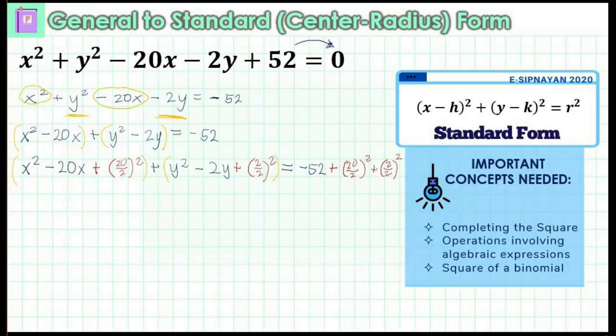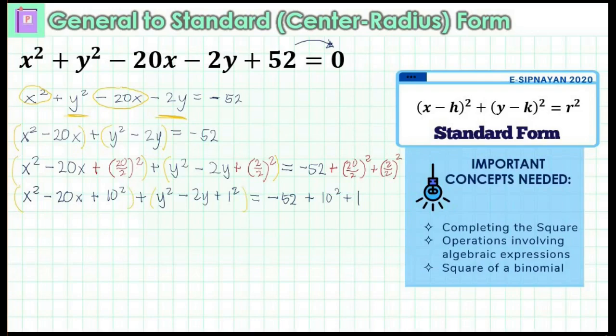Moving on, we now proceed to simplifying further the equation. So copy x squared minus 20x plus 20 divided by 2 is simply 10, then square, plus copy y squared minus 2y. Simplify 2 over 2, that's 1 squared, equals, on the right side, that's negative 52, plus 10 squared plus 1 squared.